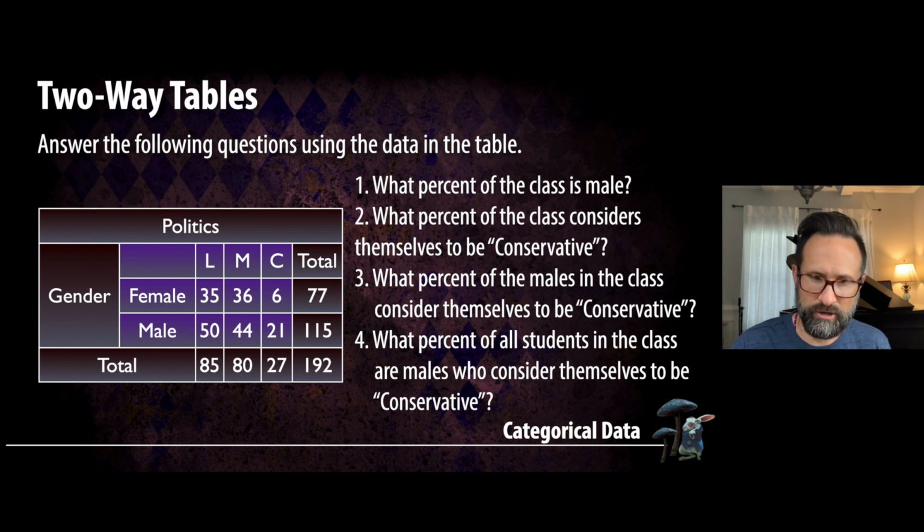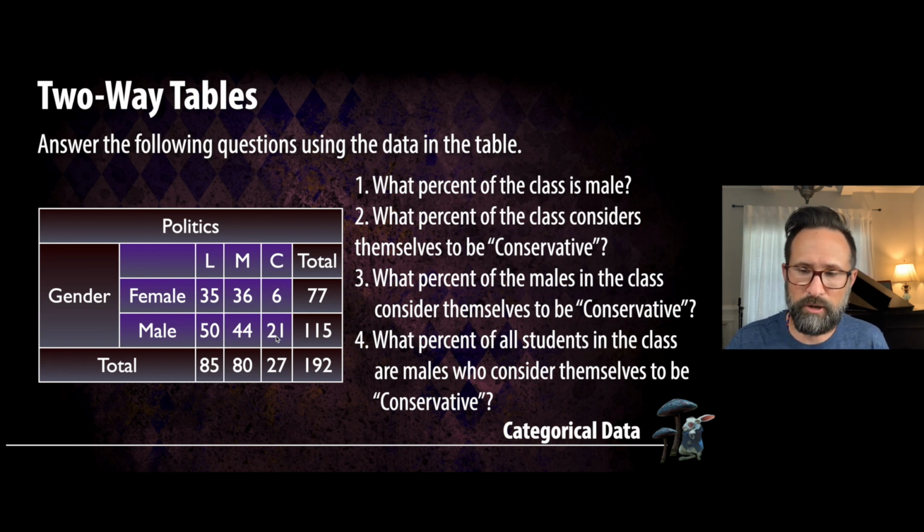If you go down, you can find conservative is the column here, and male is this row here. So where do they intersect? There's 21 out of 192. Now that's still considered marginal because you're looking at the whole group, but it's a compound situation. You're looking for two things to be true at the same time. That's not always possible. In those cases, you'd say, well, zero chance of that happening.